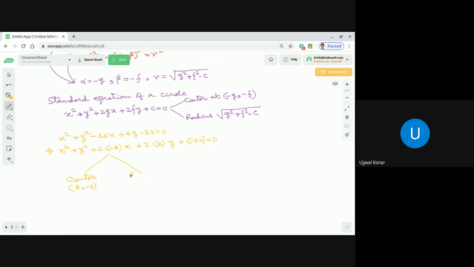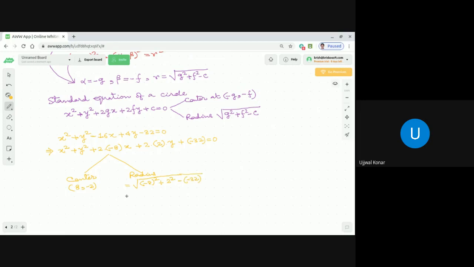And what is the radius? Radius is equal to square root of g square, that is minus 8 whole square, plus f square, that is 2 square, minus c, minus of minus 32, correct?